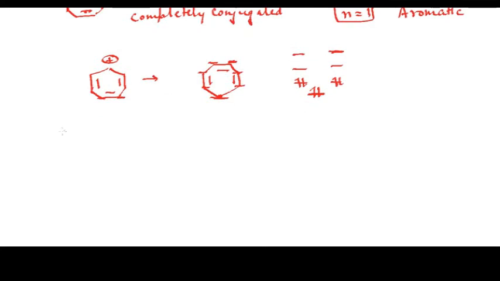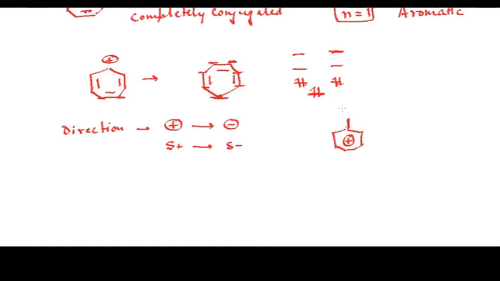Now about the dipole moment, we know the direction of the dipole moment is from positive towards negative, or we can say from partial positive towards partial negative. In this molecule we have a plus charge. So that means this molecule has a positive charge on it.